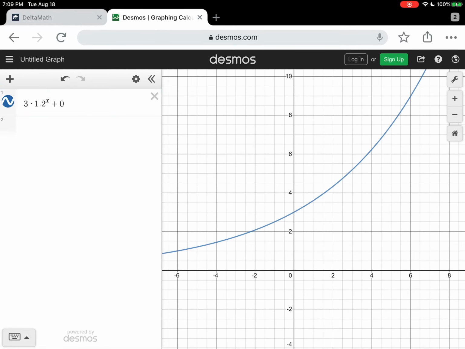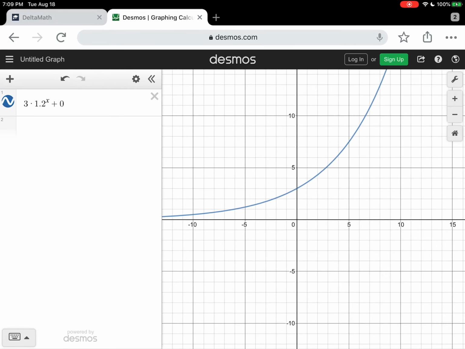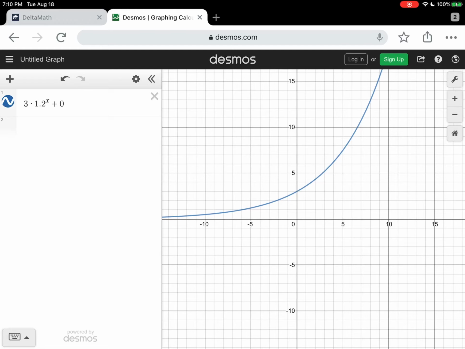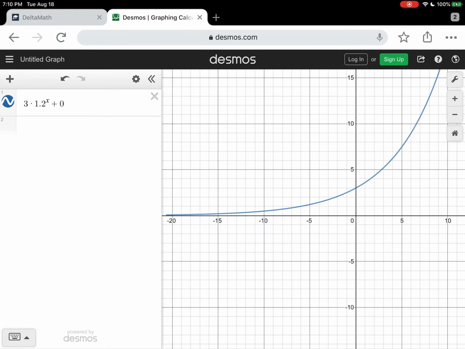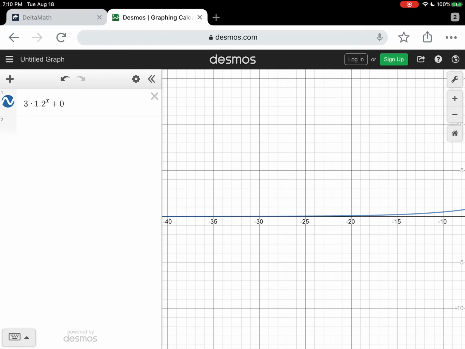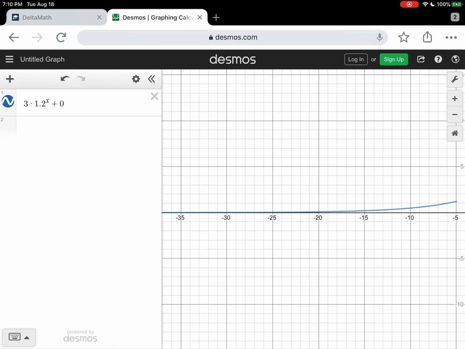So this is what my graph looks like. And I can zoom out so I can see it a little bit better if I like. Let's take a look at what my y-intercept is. Oh, it's 3. So I'm going to make sure I draw 3 in there. And where does it get flat? It just gets flat against the x-axis in my case.